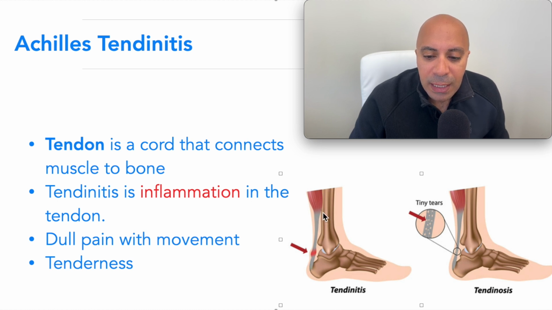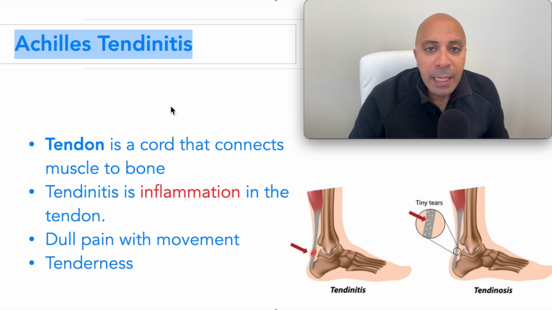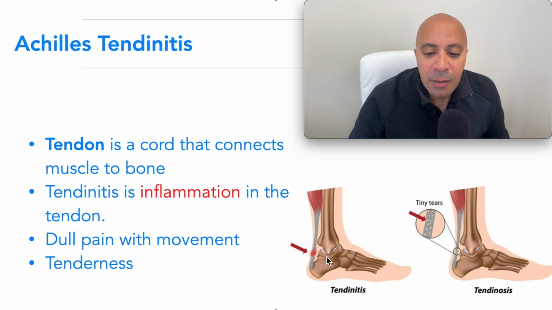So the tendon is the cord, the connective tissue that connects the muscle to the bone. And any time we have a word ending with itis, like tendonitis, that's indicative of inflammation of the tendon. So Achilles tendonitis is inflammation in the tendon of the Achilles muscle.